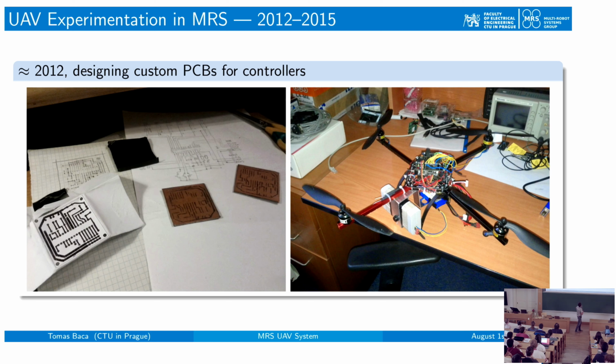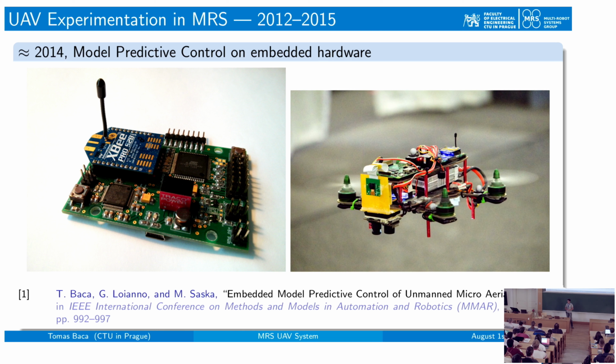So some of you might remember how PCBs were designed back in the days. And we have come a long way since 2012. And we've come to possessing a system on an embedded hardware with some microcontrollers, some cameras, and this was pretty good. It was quite capable.